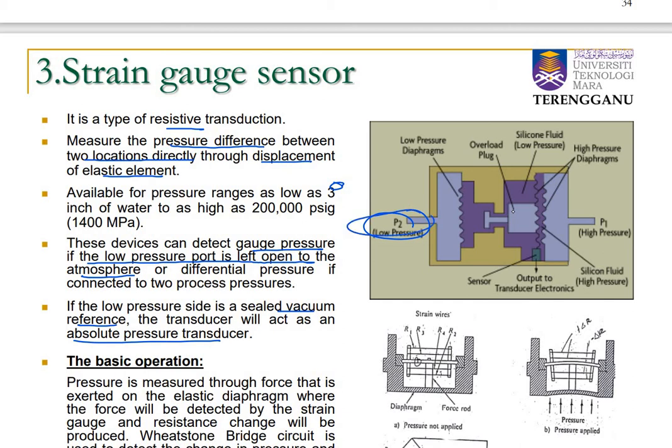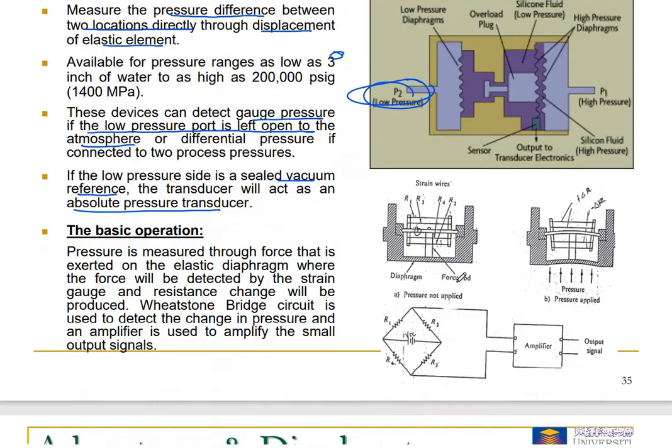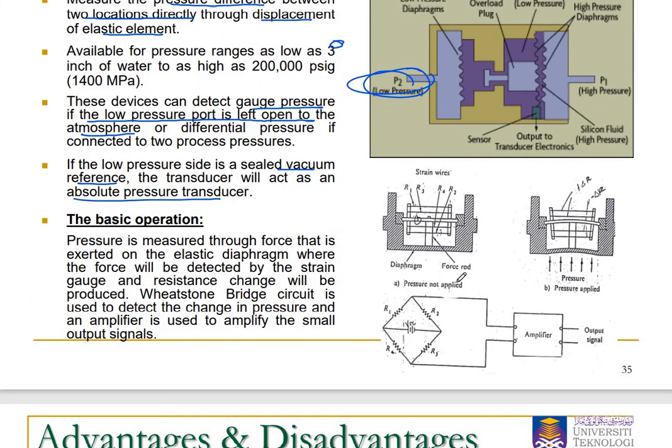So if this one is connected with the sealed vacuum, then we can have an absolute pressure. So the basic operation is pressure is measured through force that is exerted on the elastic diaphragm.